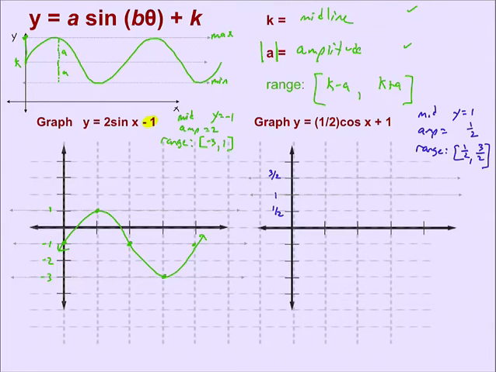And my minimum is 1/2. Draw those little lines there, and then I can connect my dots. Notice, however, this one is a cosine, which means it doesn't start at the midline like my sine did. It starts up at the max, and then goes neatly through all four of those next points.